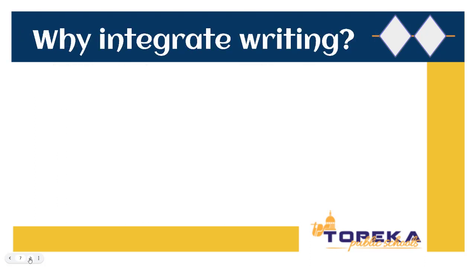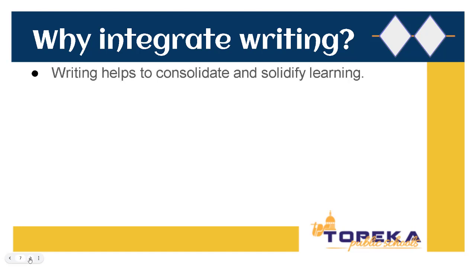So why do we want to integrate writing? Why is it important to put writing in instruction with science or social studies, for example? Writing is an extremely powerful way to help consolidate and solidify learning. There's a connection between learning and writing down that learning and making those neural pathways solid for students.